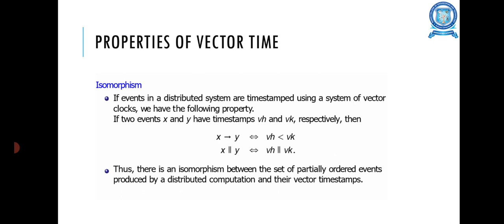Suppose x is concurrent with y, that means vh is concurrent with vk. Thus, there is an isomorphism between the set of partially ordered events produced by the distributed computation and their vector timestamps.